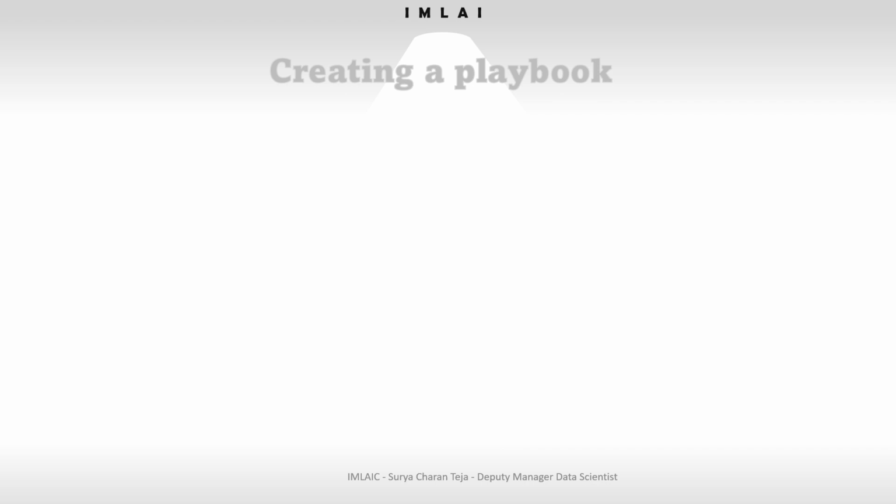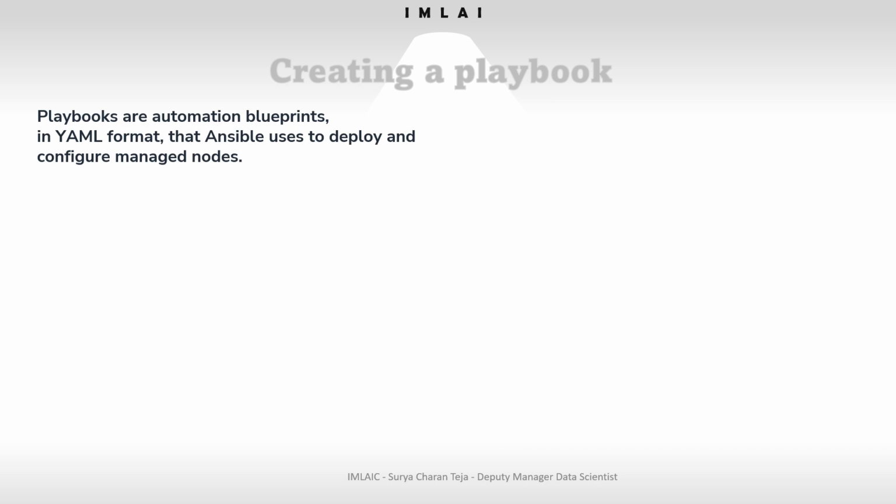Now it's time to talk about the most important part, the crux of Ansible: the playbook. So now let's create a playbook. Playbooks are automation blueprints in YAML format that Ansible uses to deploy and configure managed nodes.